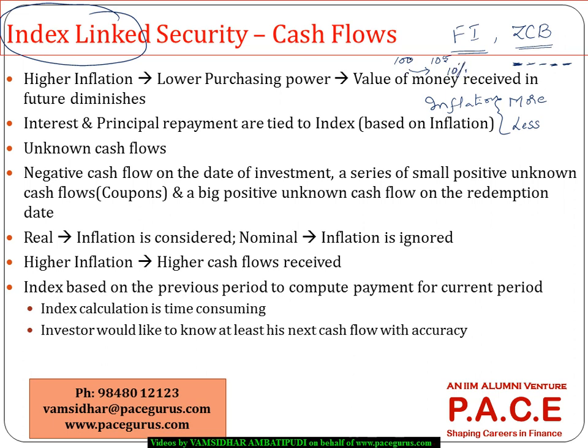Suddenly, whatever I used to buy with 100 bucks last year may not be bought with 105 bucks this year because the prices have gone up by 10%. So my savings are actually going down even though my salary has gone up, which means my purchasing power, or the value of my money, is actually going down because of inflation.